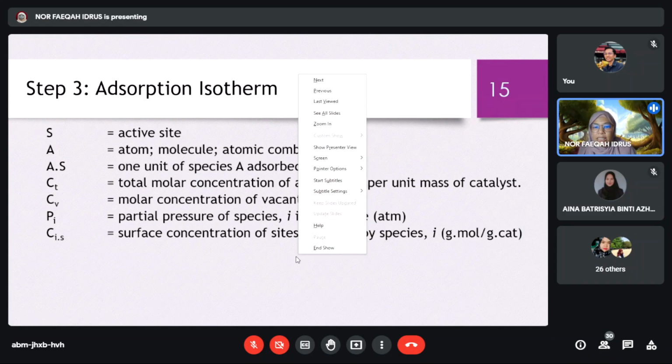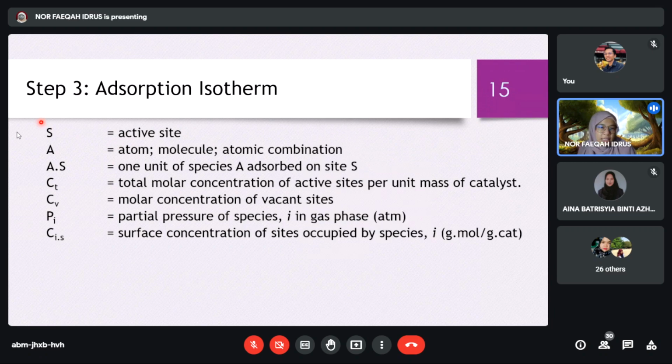We represent the active site as S, capital S. And for the reactant, whether it is an atom, a molecule or an atomic combination, we can write it as A. But if you want to use a different letter, let's say reactant S, it will be confused with the active site.